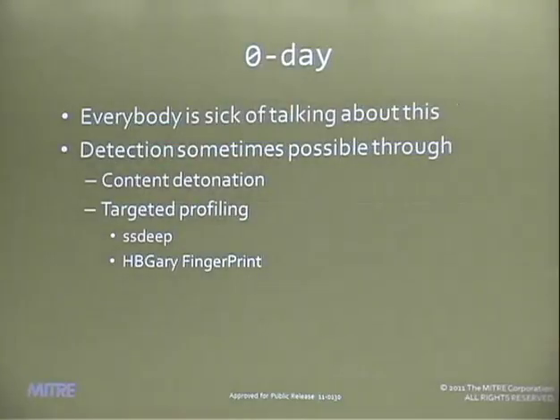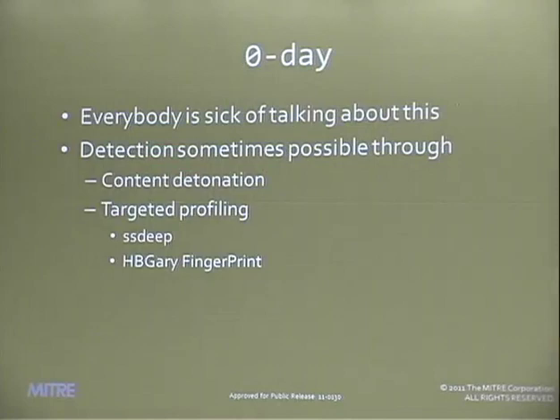And again, from what Richard Rushing went over this morning, all they need is a very small success rate, and it's still a success for them. 1 out of the 100 emails that they send, and they're in. 0 days, we all know about this, and we're sick of talking about it. Detection is sometimes possible if you know what to look for and you're looking for suspiciousness.